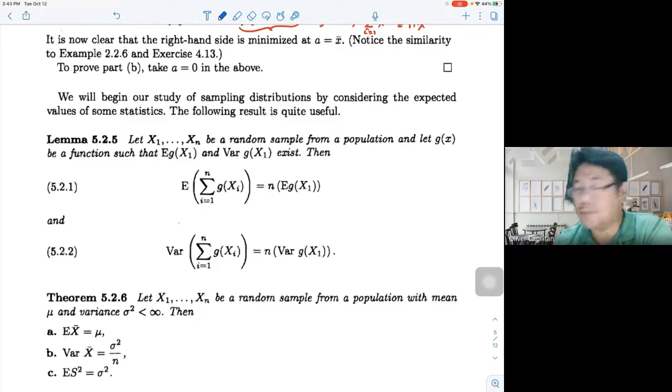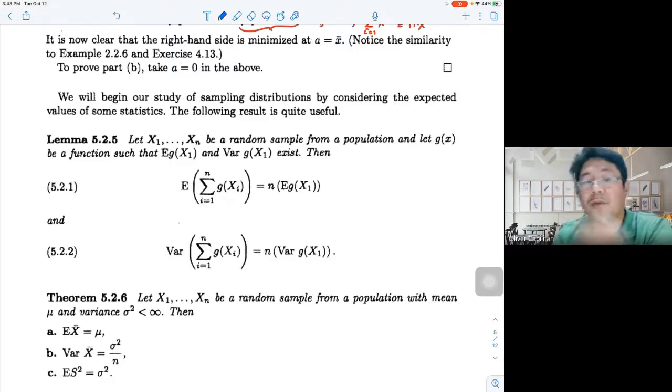This is easy to prove using the linearity of expectation. The expectation of the sum will just be equal to the sum of the expectations. And since we know that the x sub i's are a random sample, they are independent random variables, and functions of independent random variables are also independent.